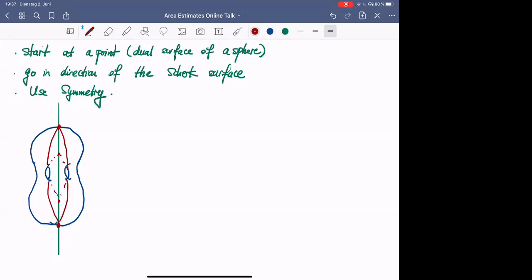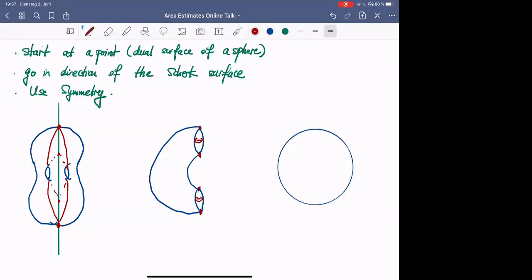From the side now, this would look easier. It's really just some handle, half of a donut maybe. And those are the 4 points, which are fixed points of the symmetry. And now we identify these sides, and we end up with a sphere with 4 points on it.